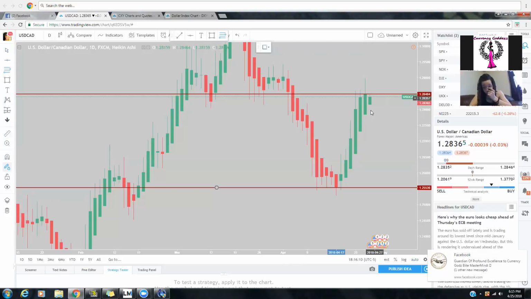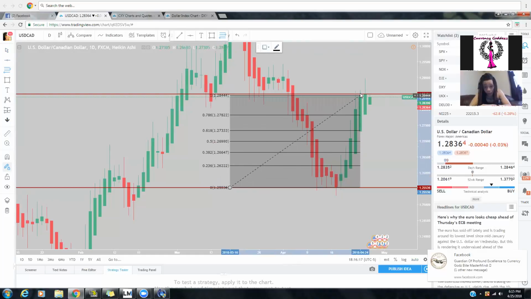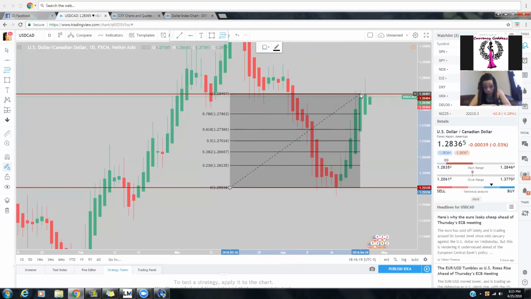So this is now in an uptrend. So you want to go from your swing low to your swing high. And I'm going to take a look at your Fibonacci here in just a little bit to make sure you have this same setup. This is the setup that Robert has us do for our fibs.